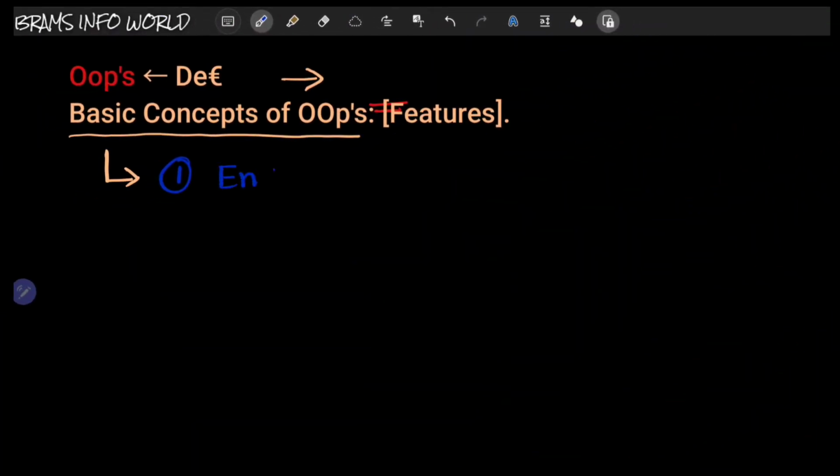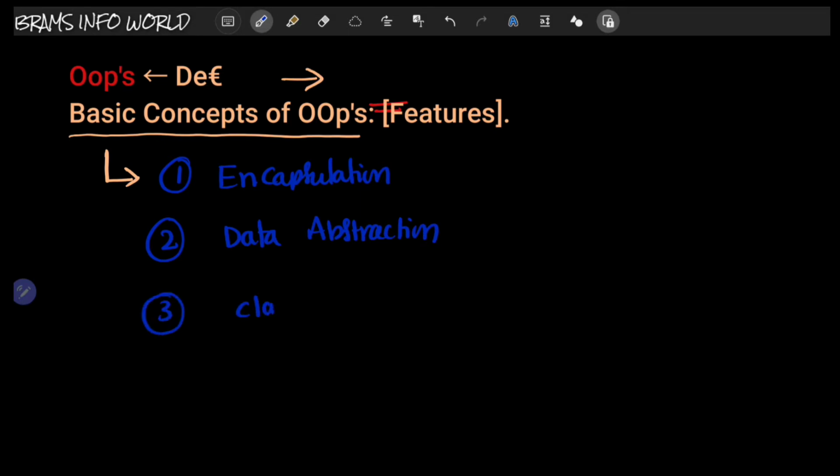Encapsulation, and the second one is data abstraction. Third one is classes and objects. If you take any OOPs concepts, classes and objects are basic building blocks.